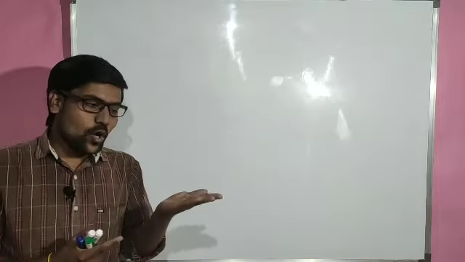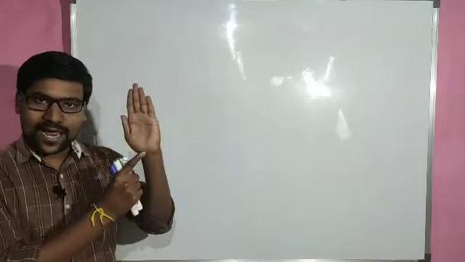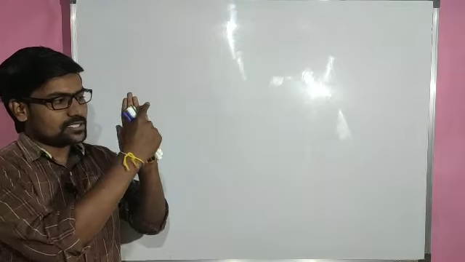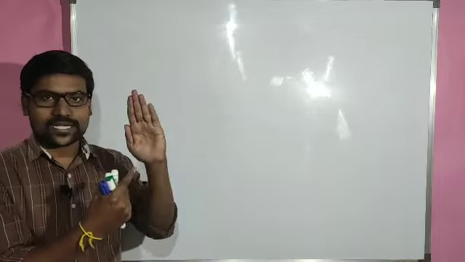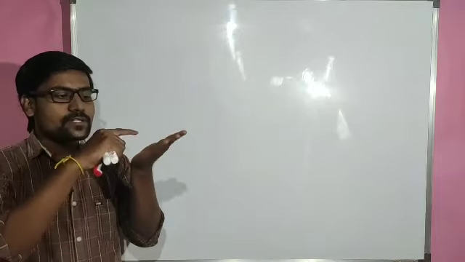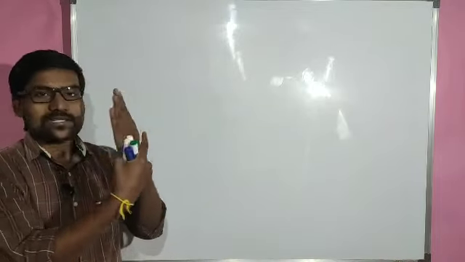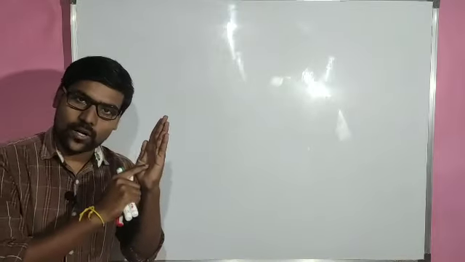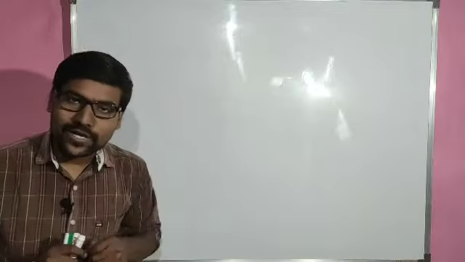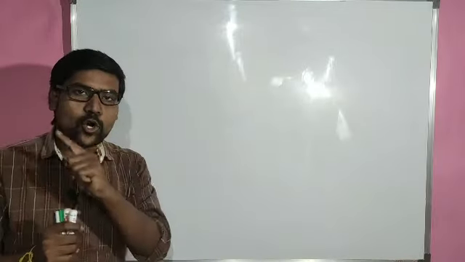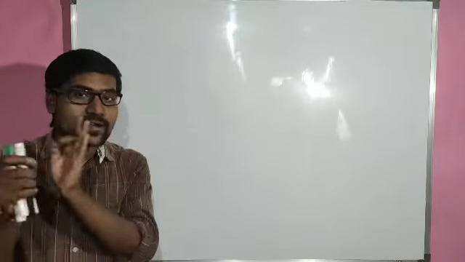Consider my hand itself as a leaf. This is one side of the leaf and this is the other side, so two sides are present. If you observe a monocot leaf, both sides are equally green, isobilateral leaf. But in the case of a dicot leaf, I will call it a dorsiventral leaf.